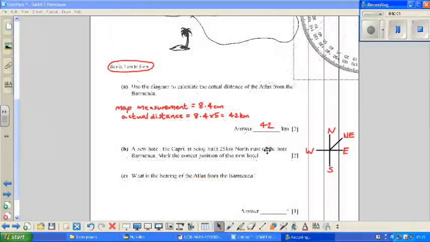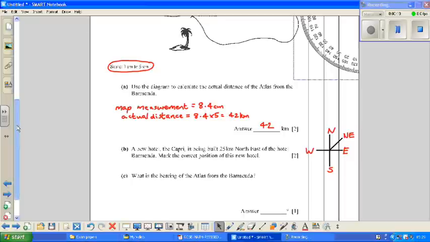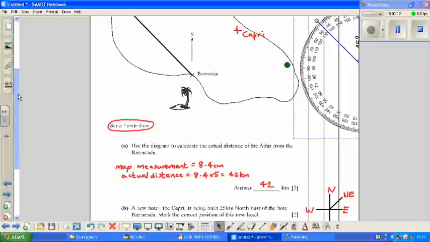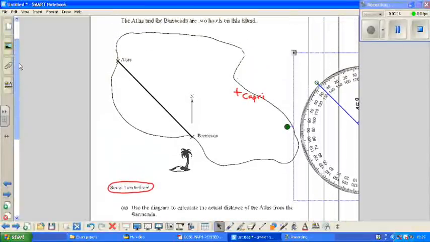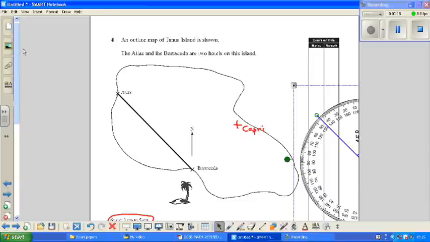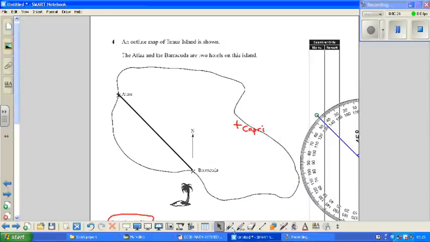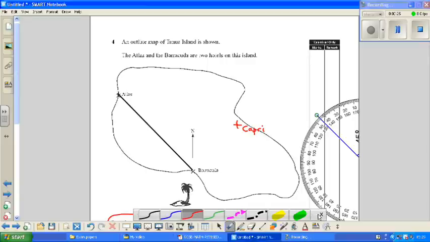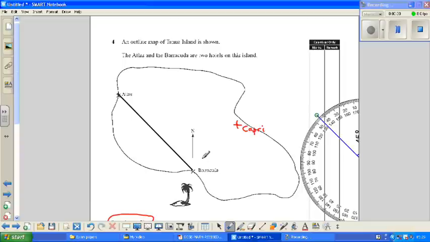So the last part of this question, 4C, is asking us, what's the bearing of the Atlas from the Barracuda? If you look back up at the diagram, bearing, remember, is these measurements in degrees that are measured clockwise from north. Wherever the word after the "from" is, that's where the north line is.